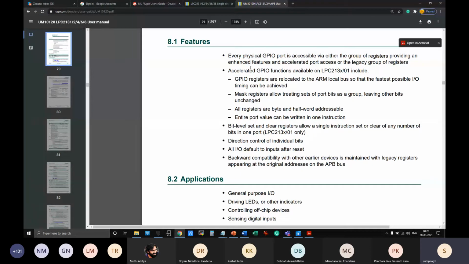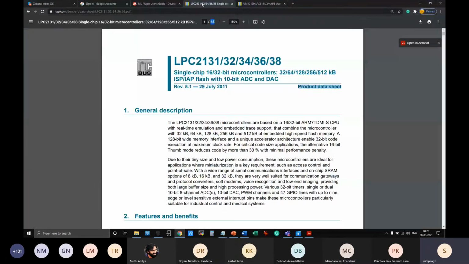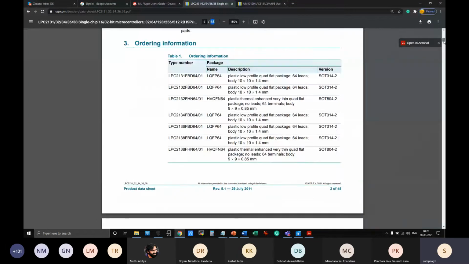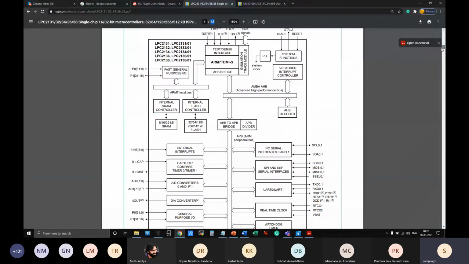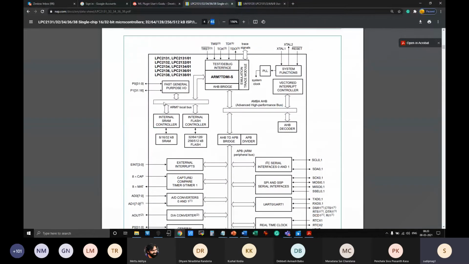Now this accelerated GPIO functions means there are certain registers which are relocated in the ARM local bus. So if you access anything through the local bus, what is local bus? Local bus is something you have to remember and connect with this block diagram. So ARM7 local bus is this one.